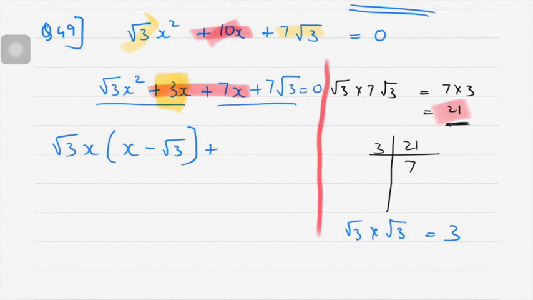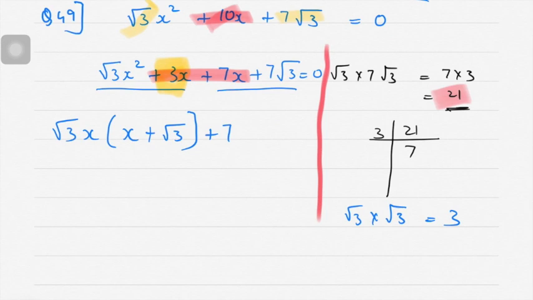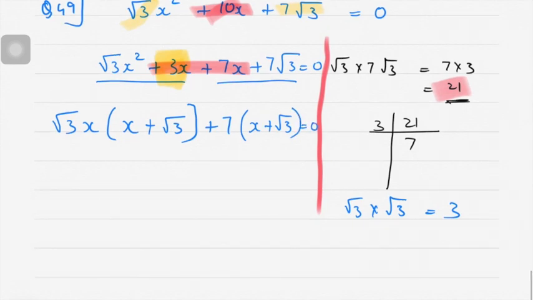So what is remaining? Root 3 is remaining. Plus, from the second part, I'll take 7 out. It has to be plus, sorry. There is all plus sign, there is no minus sign. So x plus root 3 is remaining. Now 7 I am taking out. Again x plus root 3 is remaining, is equal to 0.